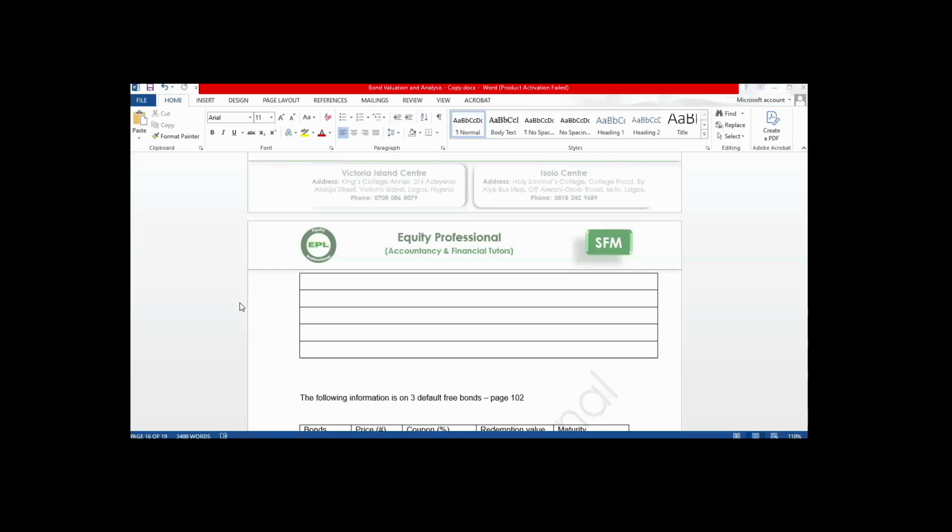Valuation of bond is trying to calculate the price of a bond. If you are trying to value a bond, what you are trying to do is, what is the price of this bond? How much is this bond worth? If I want to invest in this bond, what is the value of this bond? What is the price of this bond?